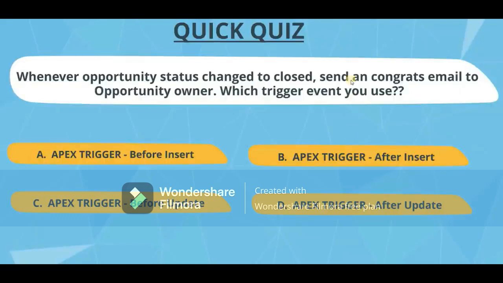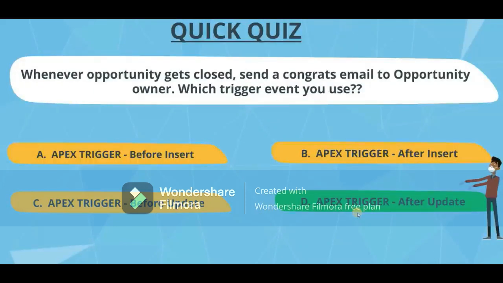By using this thumb rule, we need to decide what event it has to be. Send a congrats email: this is not pre-populating a record and it's not validating a record. As it is outside those two scenarios, we need to choose after update. So here the answer would be Apex trigger after update.